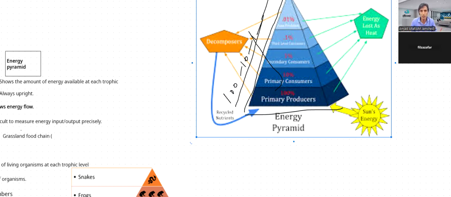So how can we count that? Suppose you have eaten 50 calories of food right now, and you are utilizing those 50 calories just by listening to this lecture. That's part of your metabolism, and your metabolism is also utilizing some energy to digest that food, and energy is also dissipated or released from your body.